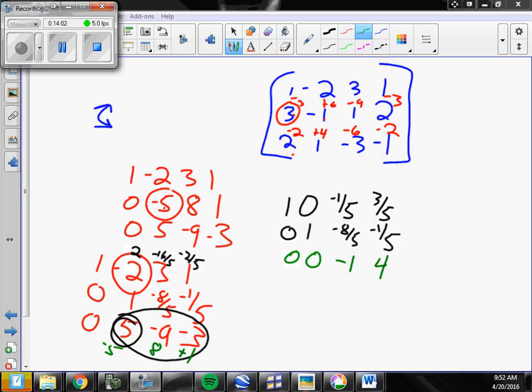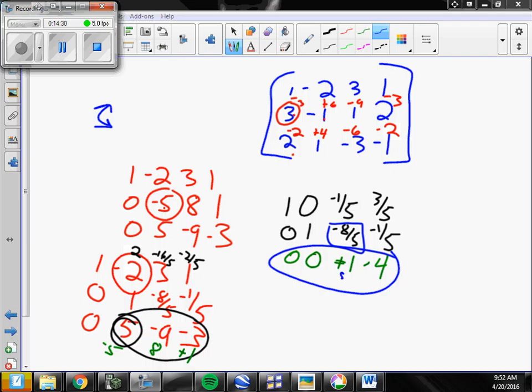So now I need to turn that -1 into a +1. And then how am I going to clear out the zeros on the second row? What do I need to do to this row to cancel that? Times it by 8/5.